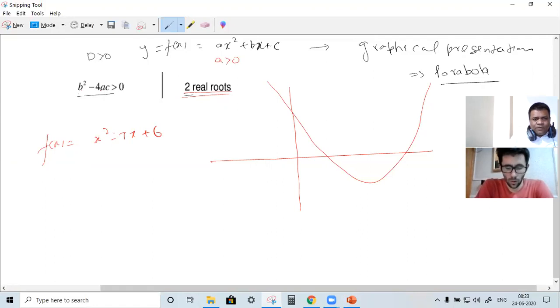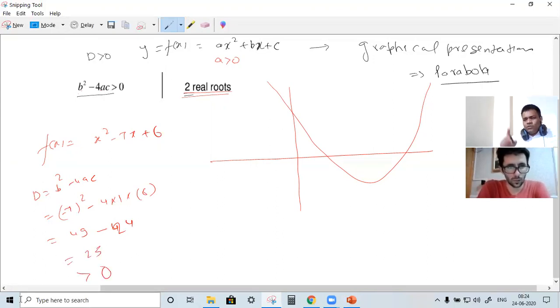So here the discriminant D is b square minus 4ac, where b is minus 7 whole square minus 4, a is 1, c is 6. This is 49 minus 24, right? Which is 25, which is greater than 0. So it's satisfying the condition greater than 0.